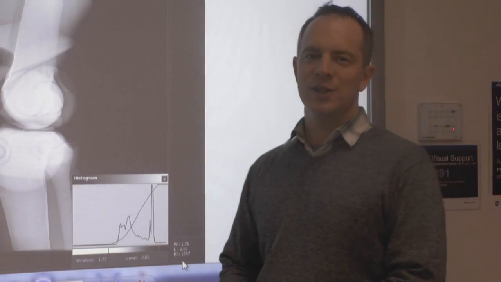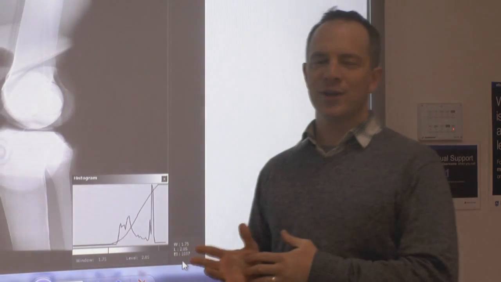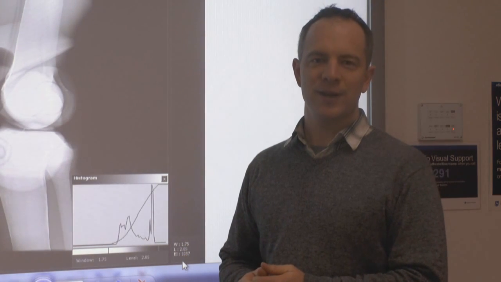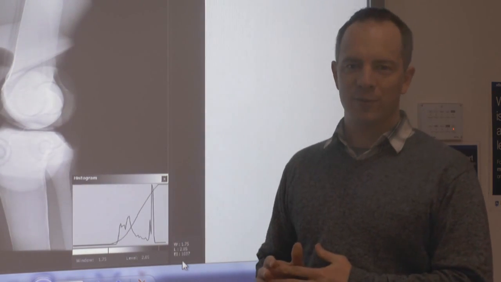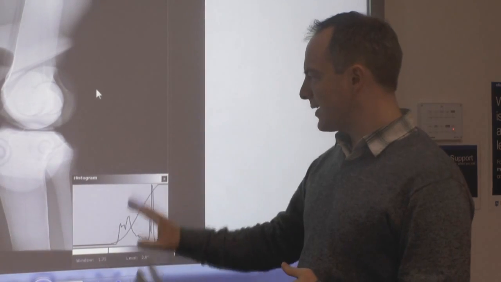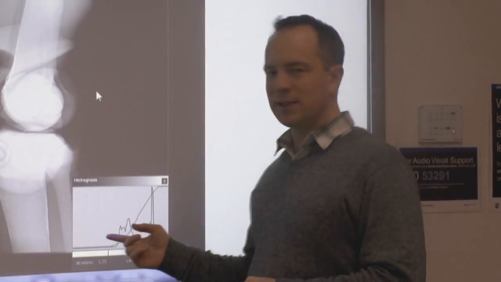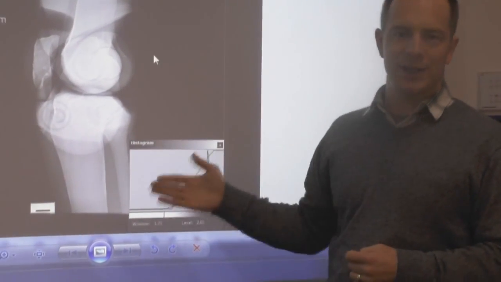So now the next question is, what is the actual exposure index and how is that calculated? Each manufacturer has their own different algorithm for calculating the exposure index, but basically all of them use the same rough principle. So we take our image like this, and we generate a histogram, that is an intensity distribution or probability density function of all the different grey levels in the image. And that will look something like this.